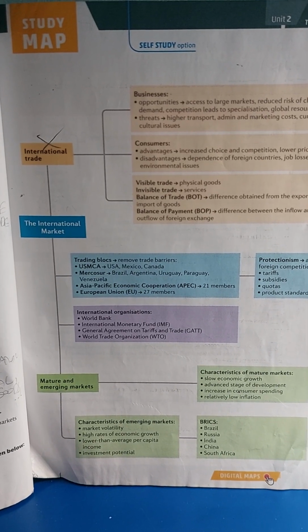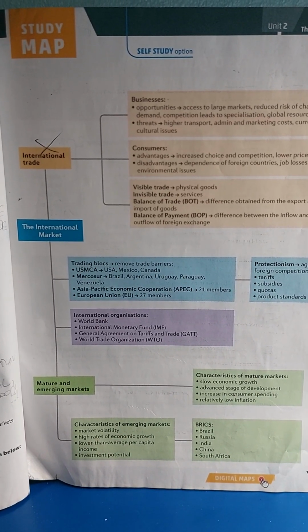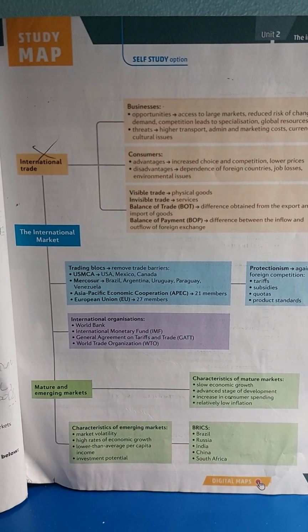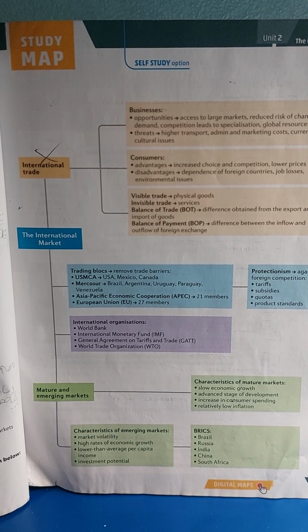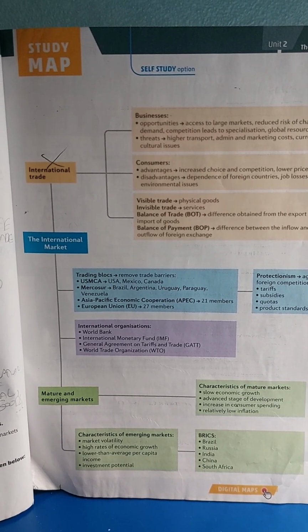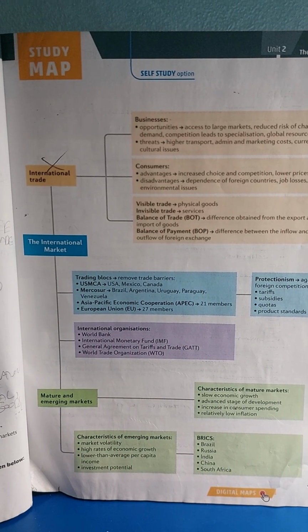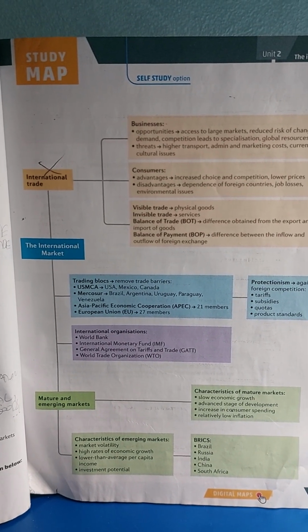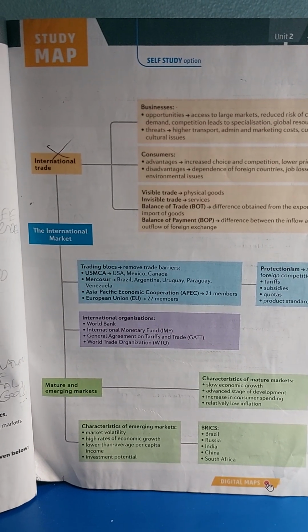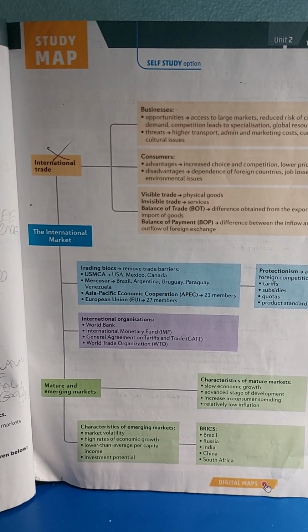Inflation is the increase of prices, and the indicator of inflation when prices rise is the CPI, Consumer Price Index, for a basket of goods, for example, clothing, food, etc. And low inflation is controlled by governments or central banks.